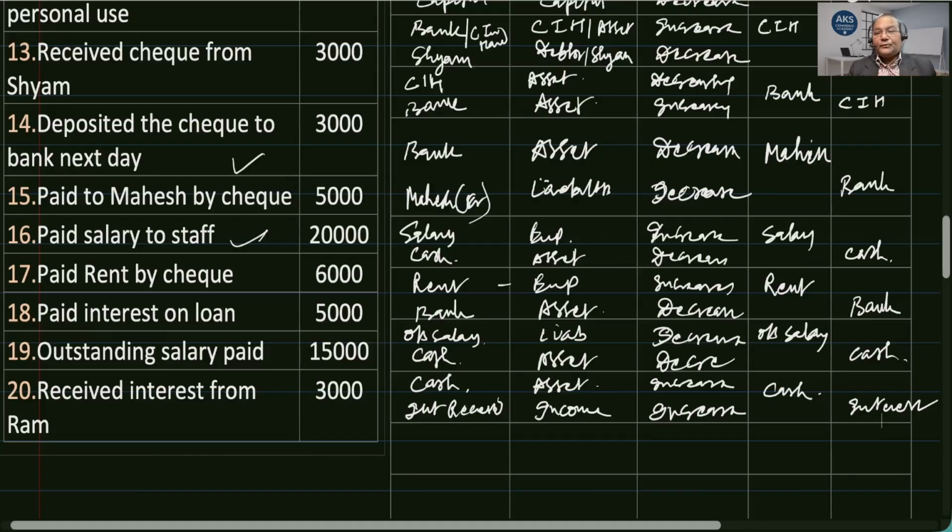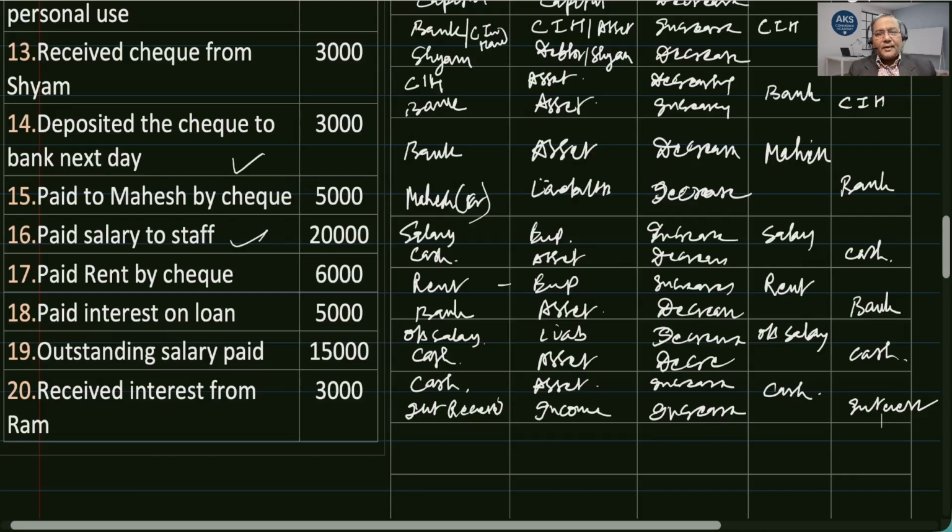Looking at these 20 transactions, they almost touch every single aspect by and large. If you practice them, you will be able to understand, with respect to a transaction resulting in two accounts getting affected, what effect has happened because of a particular transaction, whether there is an increase in asset, increase in liability, decrease in asset, decrease in liability, or an expense that has come up.